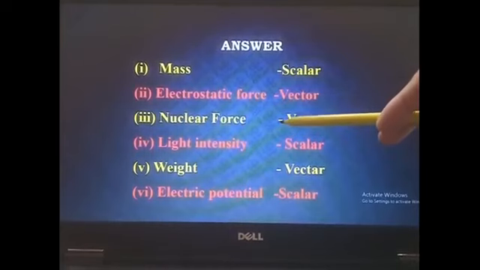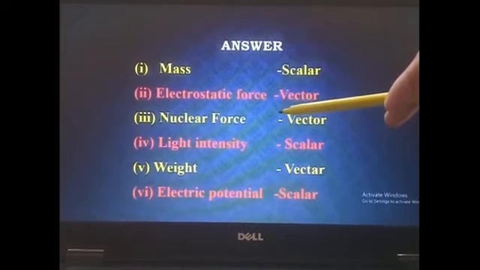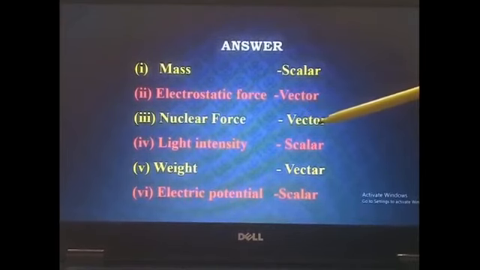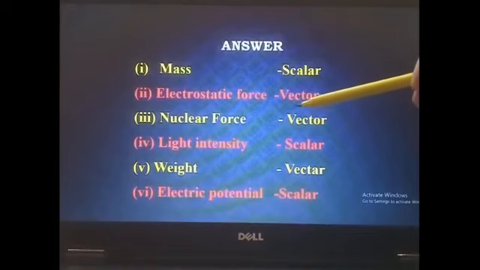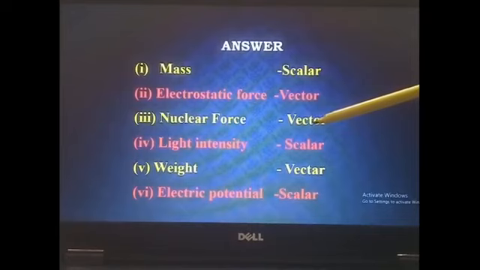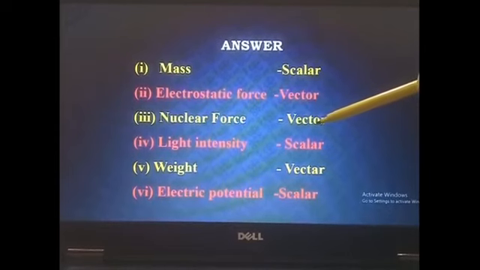So this nuclear force is very strong, but as the distance is increased, that means as we go away from the nucleus of the atom, the nuclear force decreases exponentially. So nuclear force is also a vector quantity, although it is having a very small region.